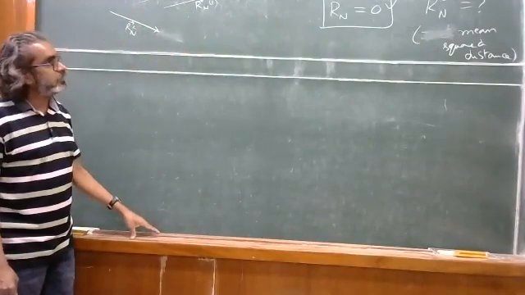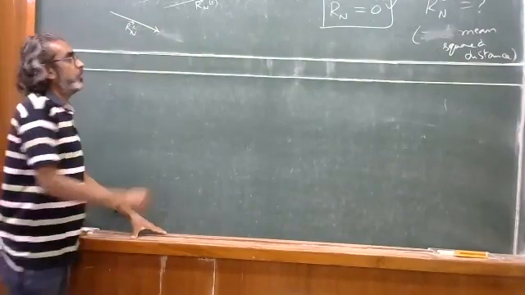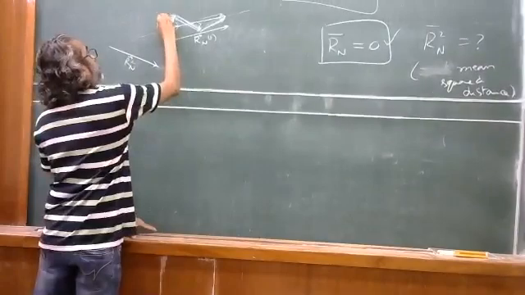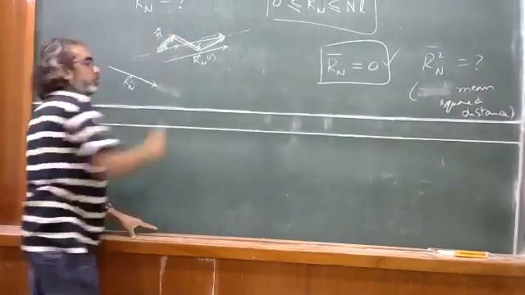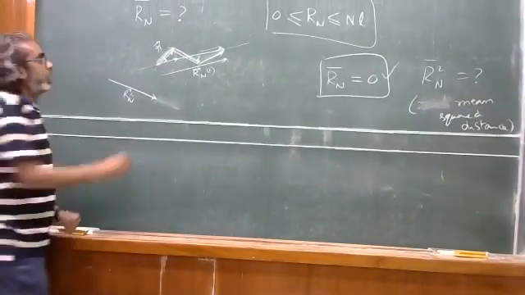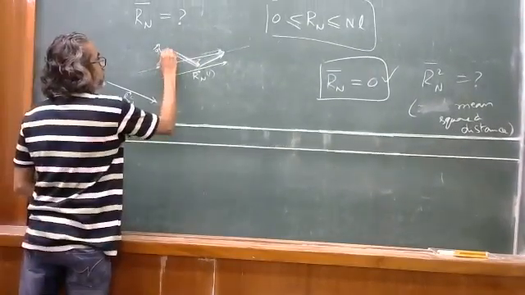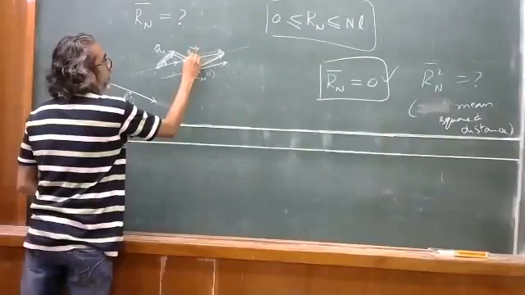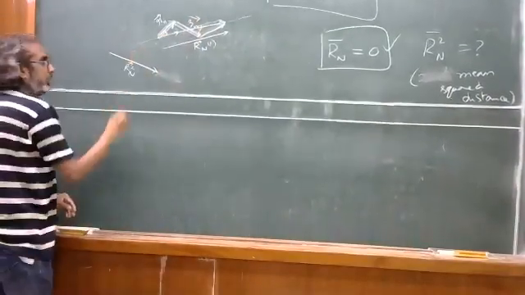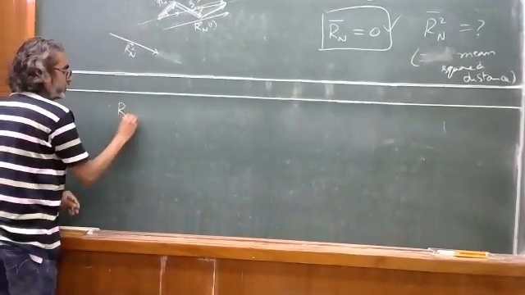So the question is, how do we get it? Let's talk about each segment as a small vector, small r, the nth segment. Let's now write what we are interested in.